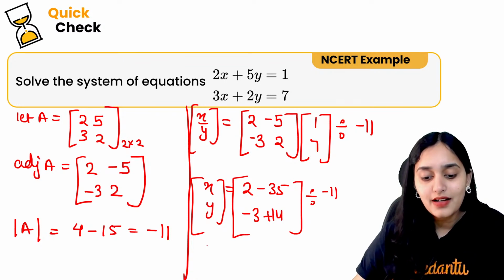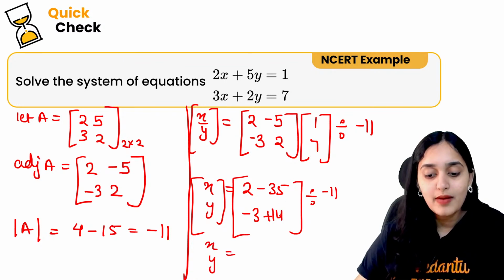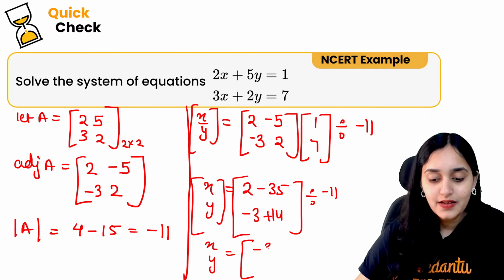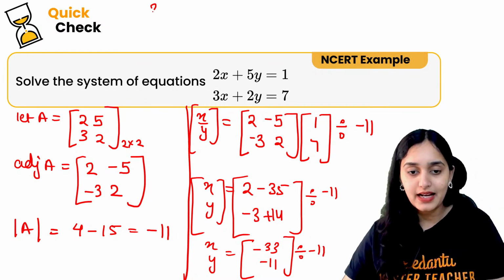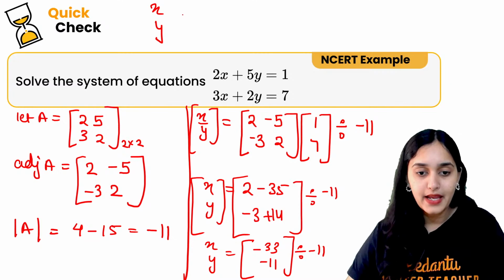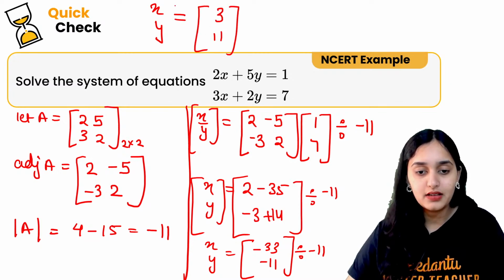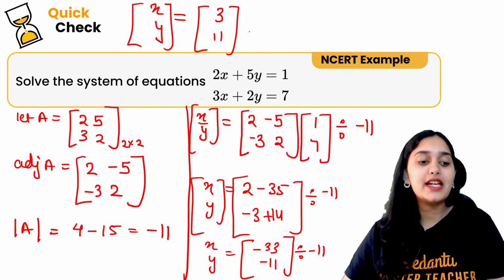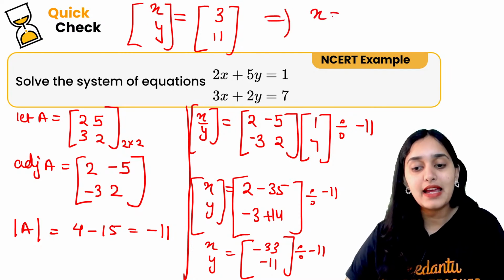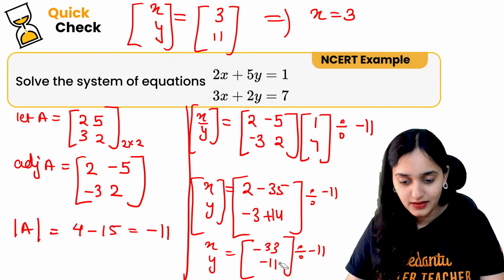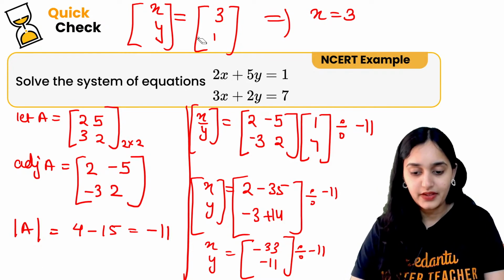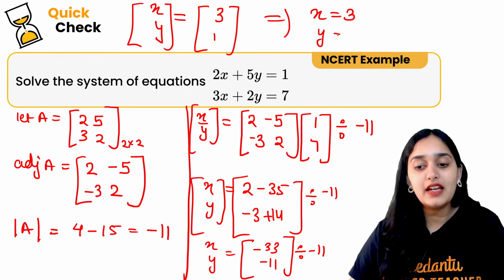Now 2 minus 35 is -33 and this is divided by -11. So we will get [x; y] equal to [3; 1]. So when we equate the matrices, this implies that x is equal to 3, y is equal to 1.